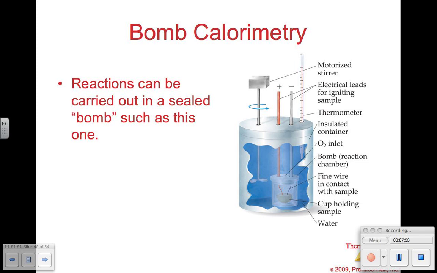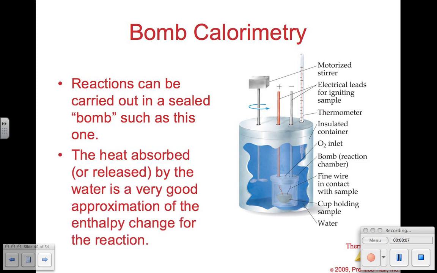Well, in that case, we use what is called a bomb calorimeter, where we have a container surrounded by water in such a way that all of the heat given off in the reaction is absorbed by the surrounding water, and that gives us a pretty close approximation to the enthalpy change of the whole reaction. Then you calculate it out to figure out how it changes. And you can look at that model a little bit more.